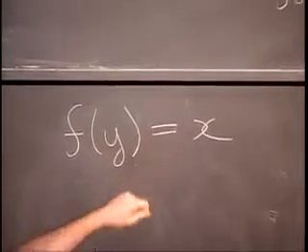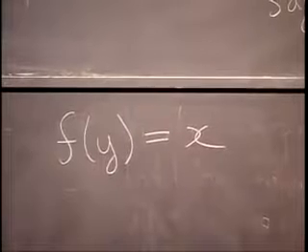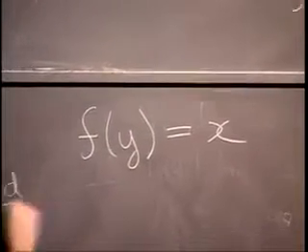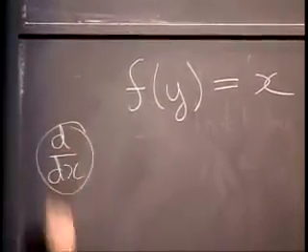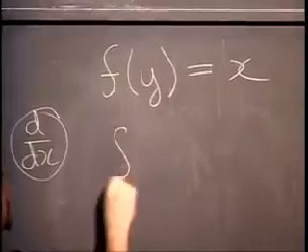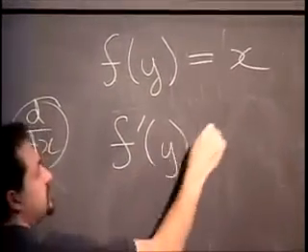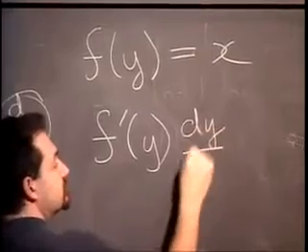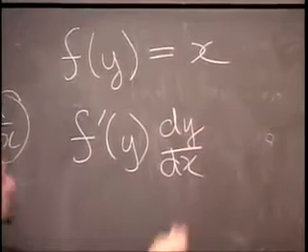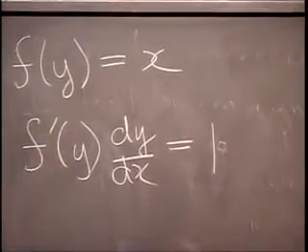If y is f inverse of x, then f of y equals x. So let's differentiate implicitly with respect to x. If you do that, the derivative of f of y is, of course, f prime of y. But you need to multiply by dy dx if you're going to do it properly. There's the chain rule. And on the right-hand side, the derivative of x is just 1.